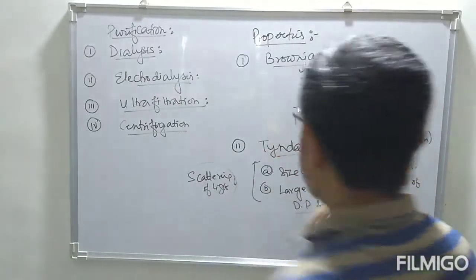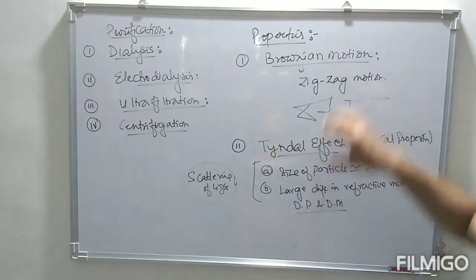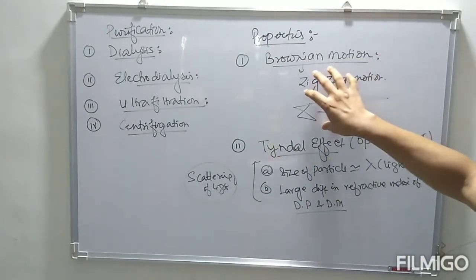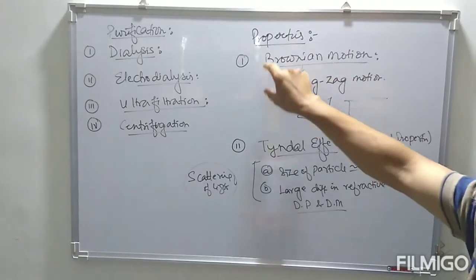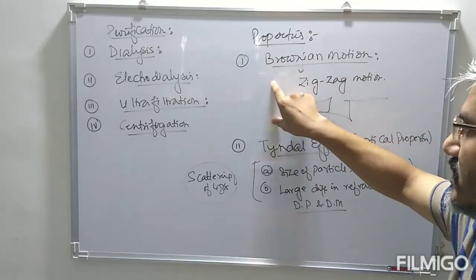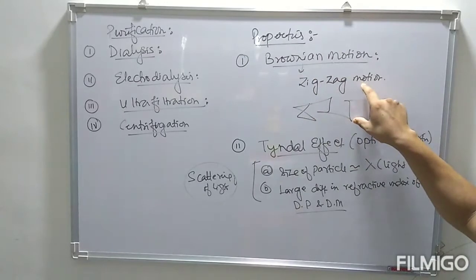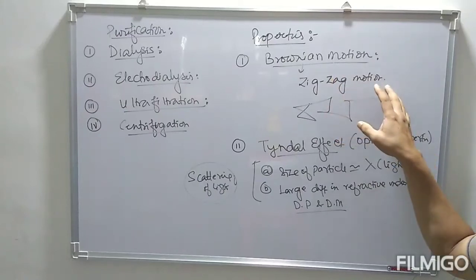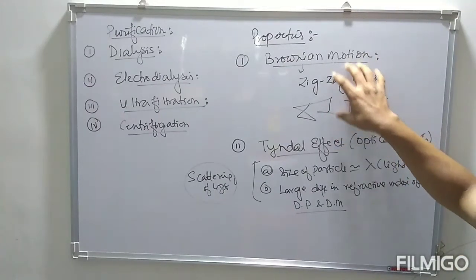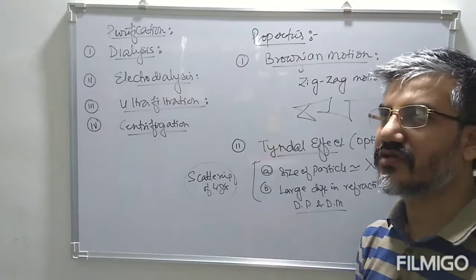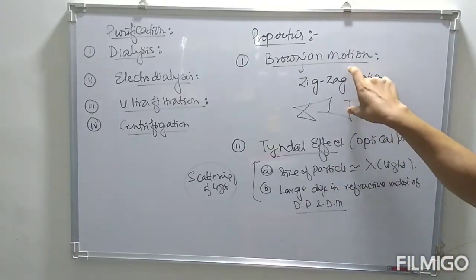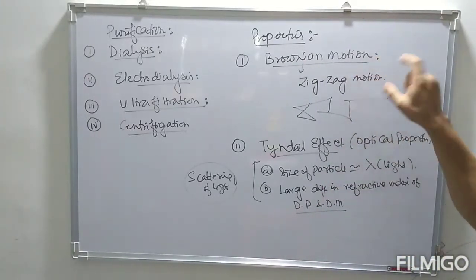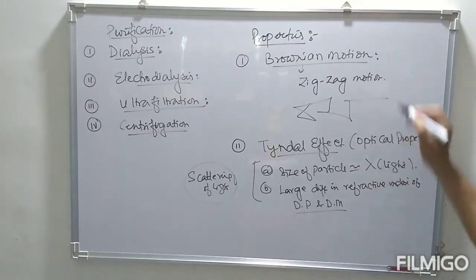Whereas in case of Brownian motion, we have said that unequal bombardment of the particles of colloidal solution by the particles of dispersion medium results in irregular zigzag motion, which is responsible for stability of the colloidal solution. So this zigzag motion depends on two factors.